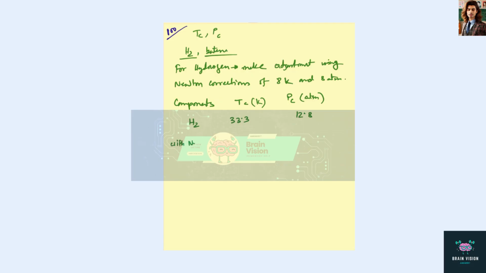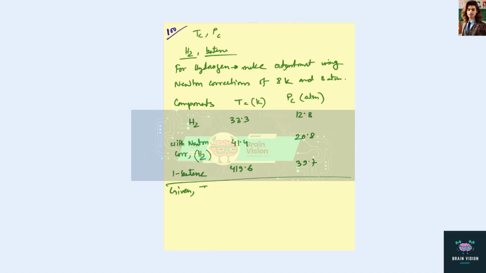With the Newton correction, the critical temperature and the critical pressure of hydrogen are 41.4 Kelvin and 20.8 atm. And another component is 1-butene. The critical temperature for 1-butene is 419.6 Kelvin and the critical pressure is 39.7 atmospheric pressure.